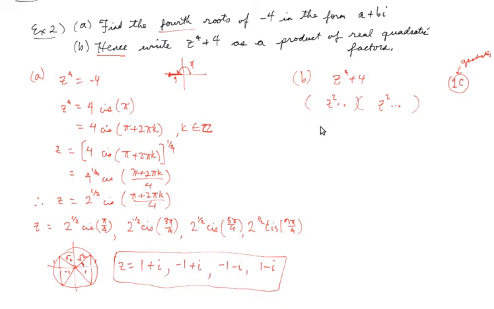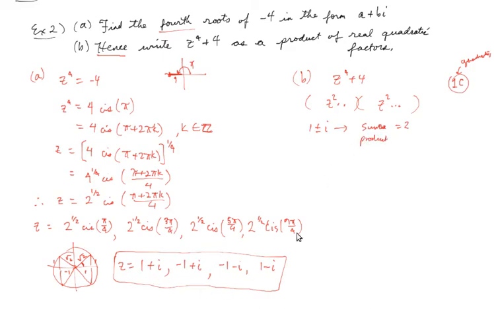So let's look at 1 plus or minus i. What are the sums of those roots? If I added 1 plus i plus 1 minus i, that would be just 2. The sum is 2.